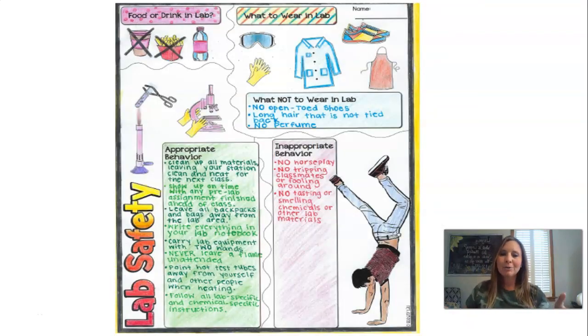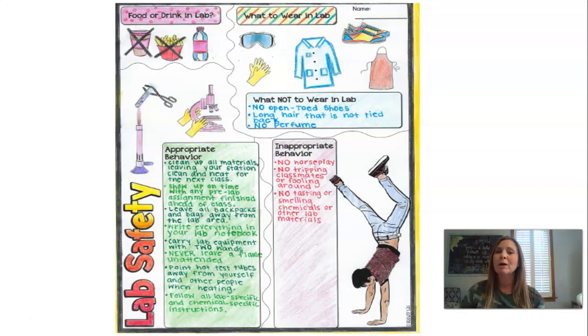All right, a couple of the other more important ones as well. This is a school rule anyway, but in the science classroom, there is no food and no drinks. I cannot have anything get contaminated. So I don't care if you have me first block, no, you cannot bring in your breakfast.